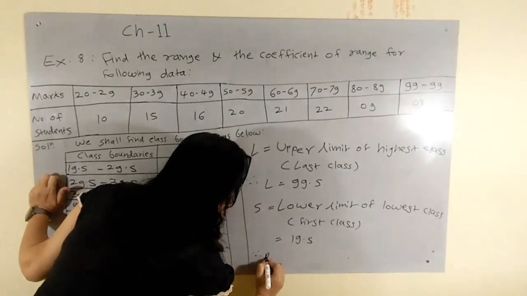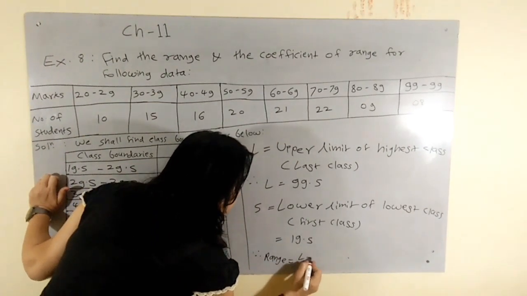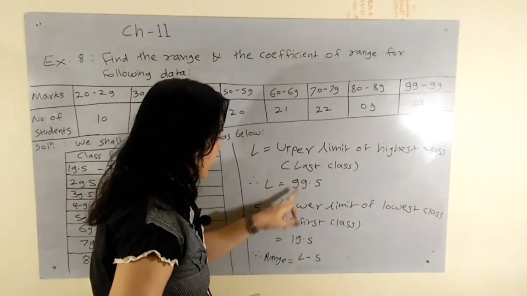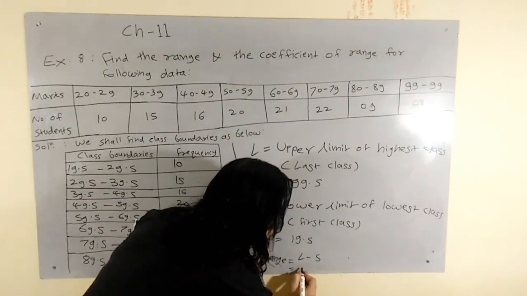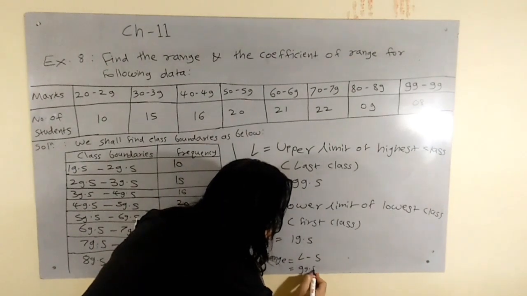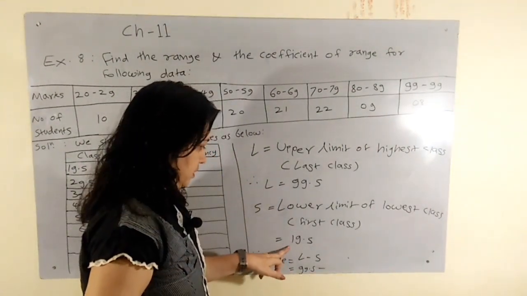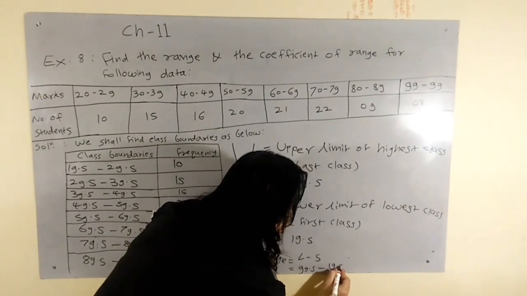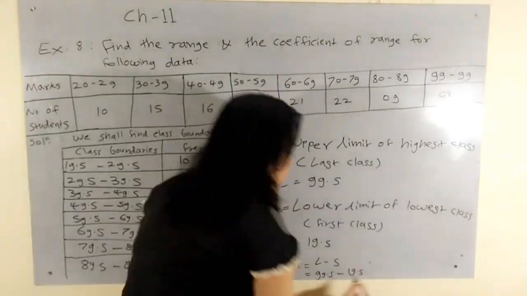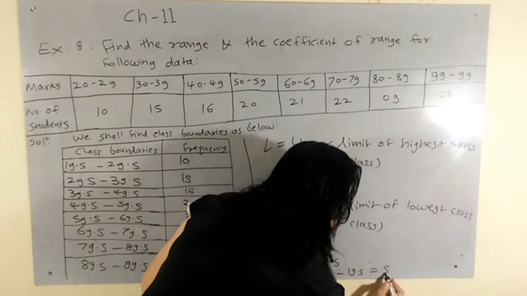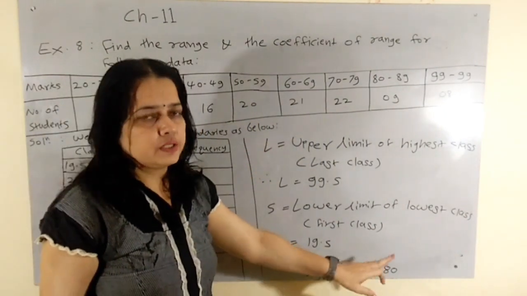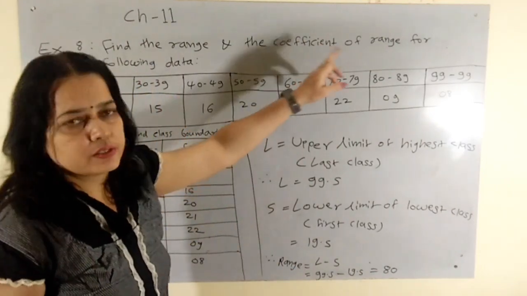Therefore range is equal to L minus S, which is equal to 99.5 minus S means 19.5. Range is equal to 80. Here we get range is equal to 80. Now we have to find coefficient of range.